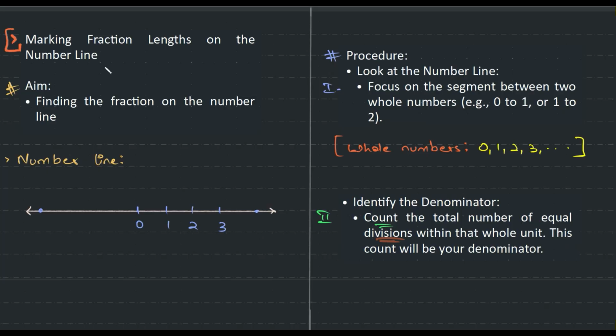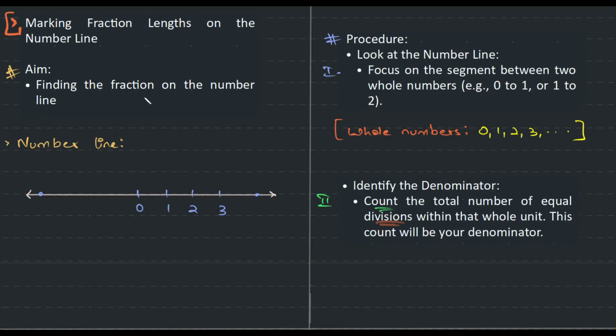What we are looking at here is representing fractions on number line. Number line is a line that has numbers which are equally spaced. Now the procedure to figure out the fractional representation on number line starts with us identifying the whole number on the number line, looking at how many equal parts it's divided into.